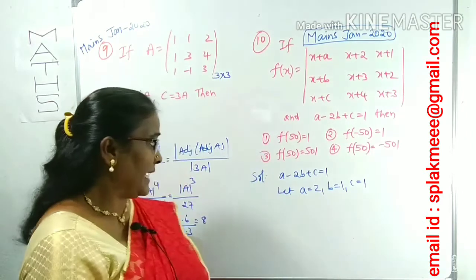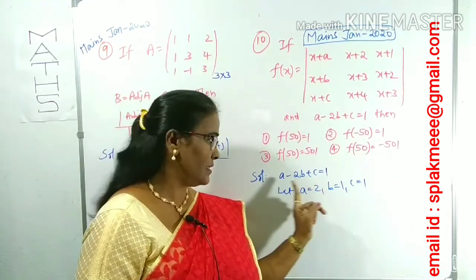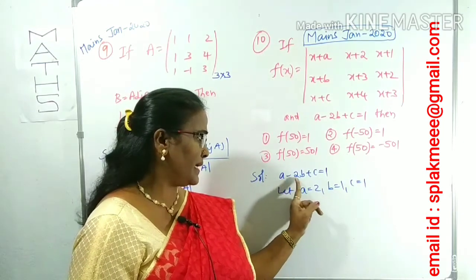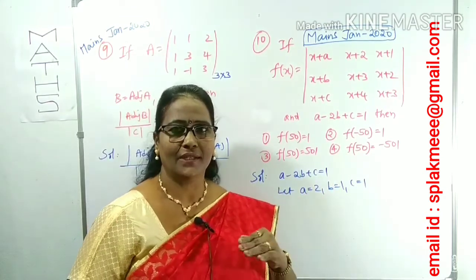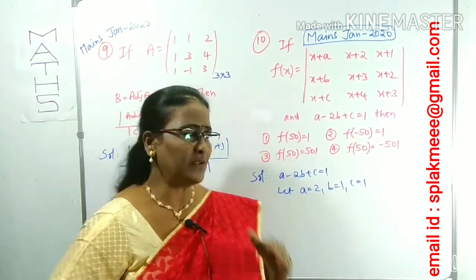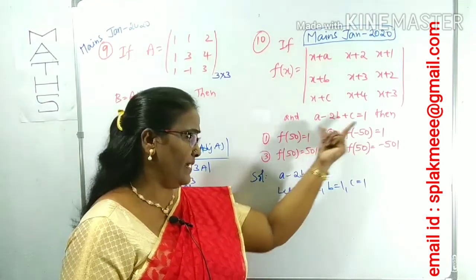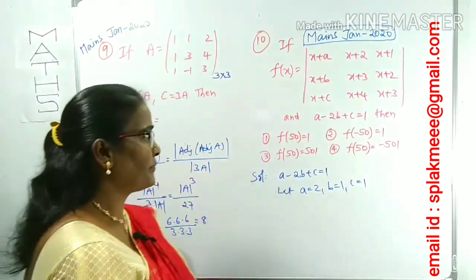If you use a 2, b 1, c 1, is the equation satisfied or not? 2 minus 2 times 1 is 2, 2 minus 2 gets cancelled, c is 1, so it equals 1. So we can assume simple values of a, b, c which satisfy the given equation. Is it clear? Same values we can substitute in the given function.